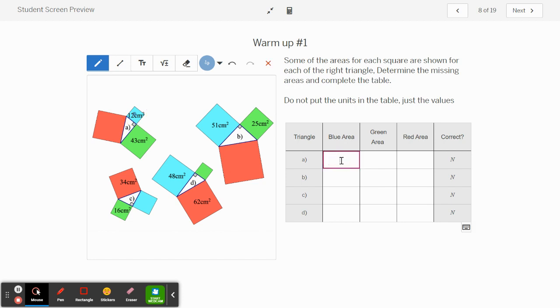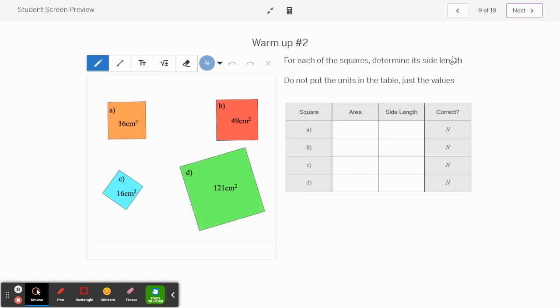So I just have to write 12. The green area is 43. And then if you've noticed what's been happening so far, you should be able to tell me that the red area is 55. And see, I got it right. Now it's up to you to figure out, how did I get that? That is what the Pythagorean theorem is all about.